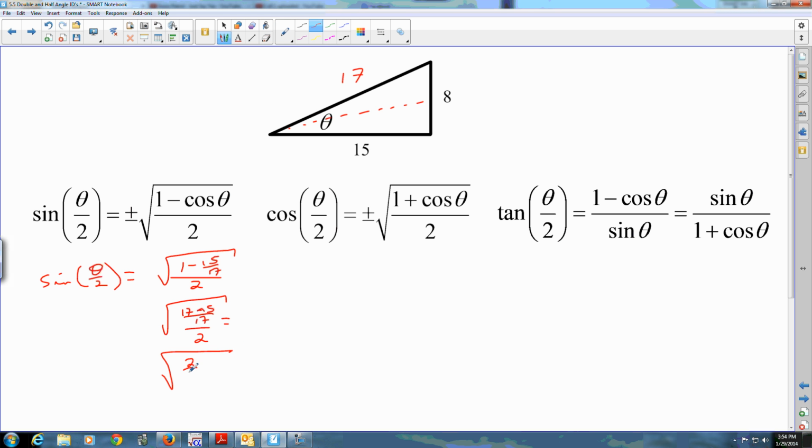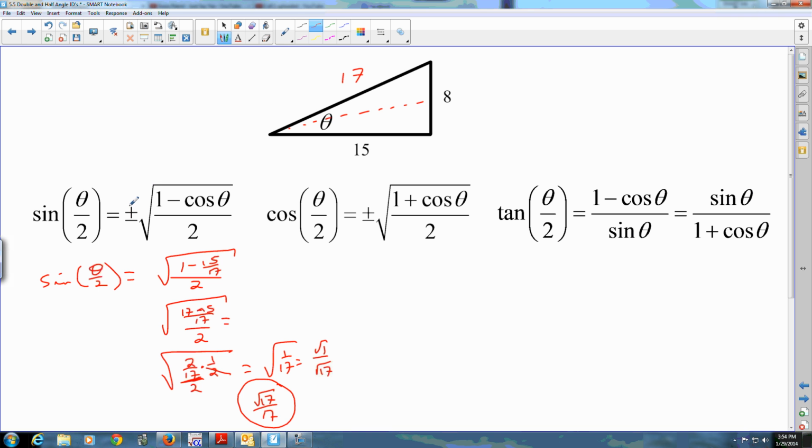So that would be 2/17 over 2. And that's the main fraction bar right there. You're dividing by 2 or multiplying by a half. So that would become square root of 1/17, which is square root of 1 over the square root of 17. So it would be the square root of 17 over 17. Okay? Alright, so that would be your answer for this one.